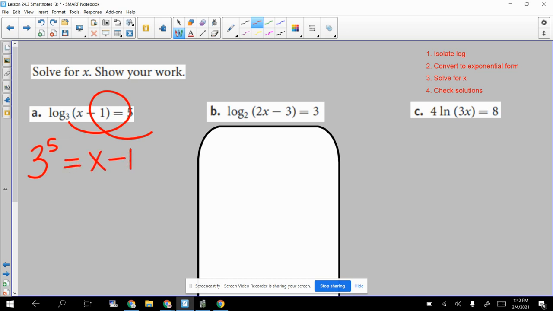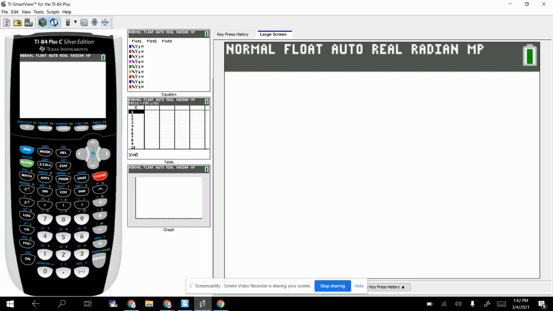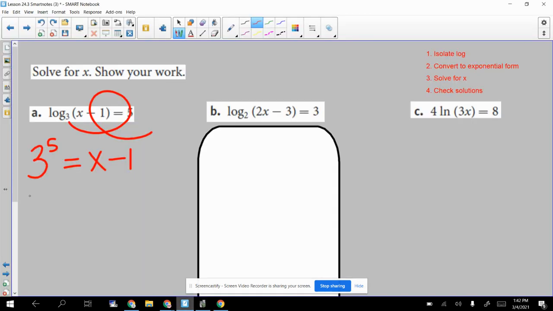Well, now we can figure out what 3 to the 5th power is if we go to our calculator, 3 caret 5, and then press enter. We're going to get 243. So we're going to replace that 3 to the 5th with 243. And then we're just going to solve for x. So we would add 1 over, and we would get that x equals 244.